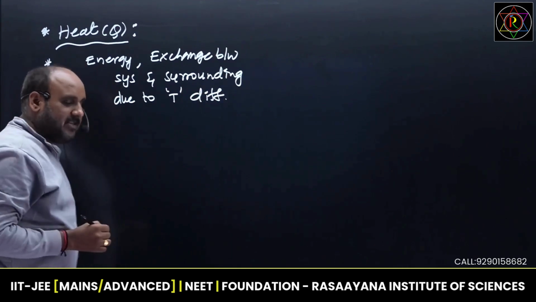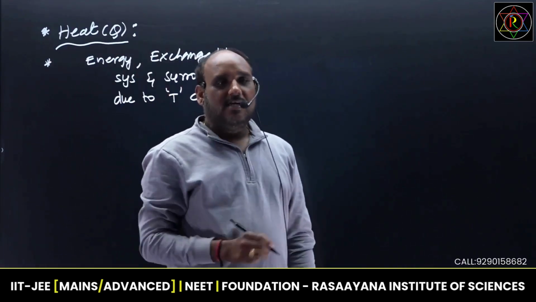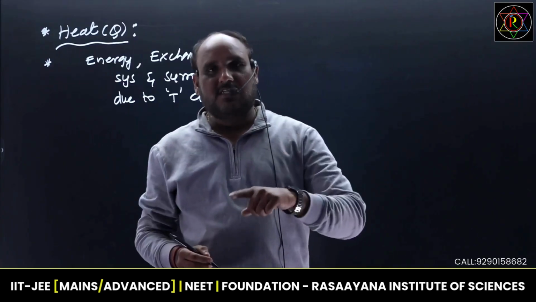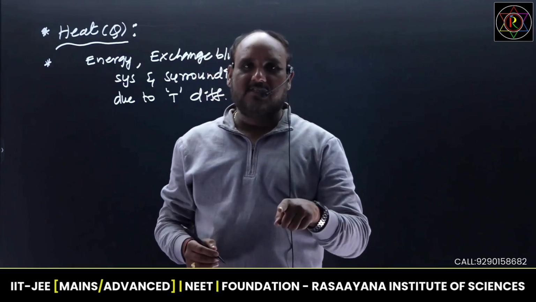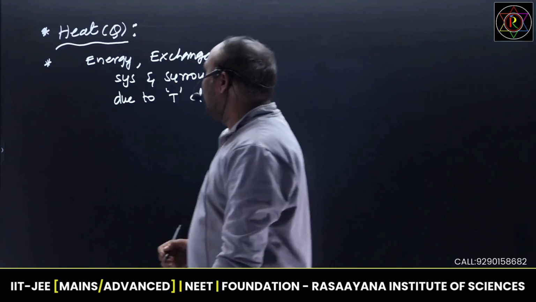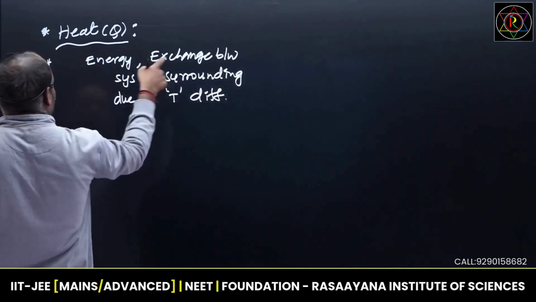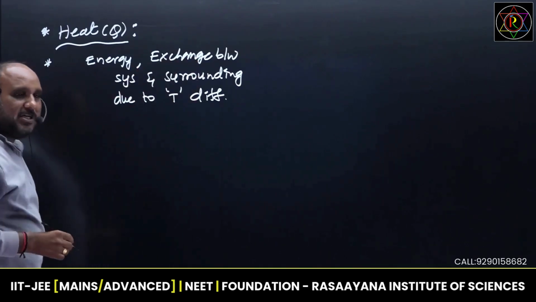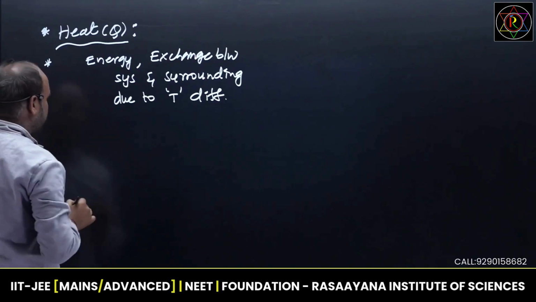The energy that can be exchanged between the system and surroundings due to temperature difference is considered heat energy. So heat is a form of energy exchanged between the system and surroundings due to temperature difference, right?